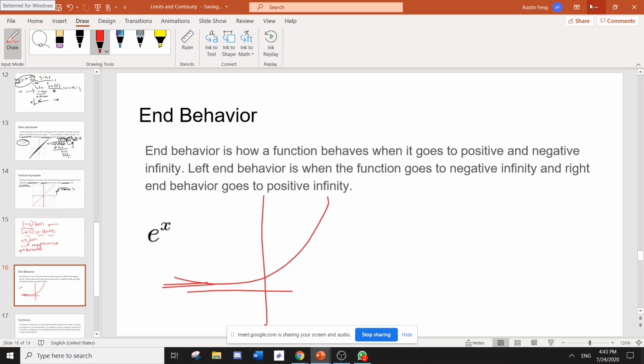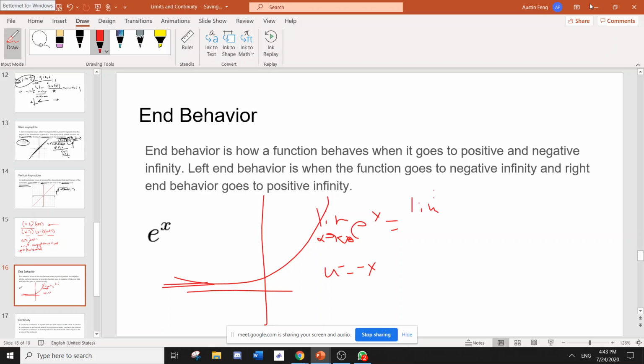We see that when we take the limit of e to the x as x goes to negative infinity, let u be equal to negative x.